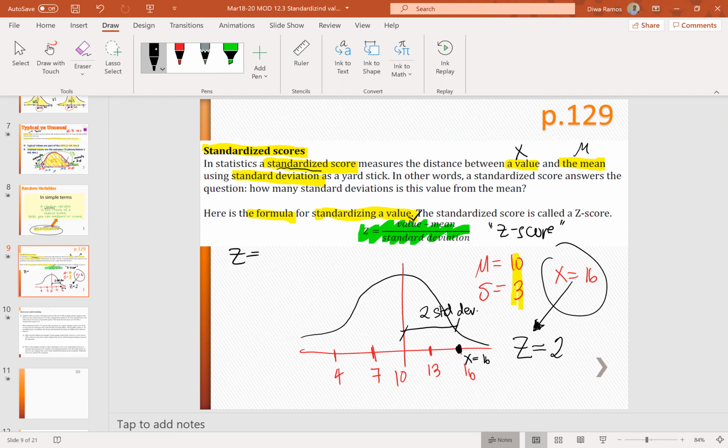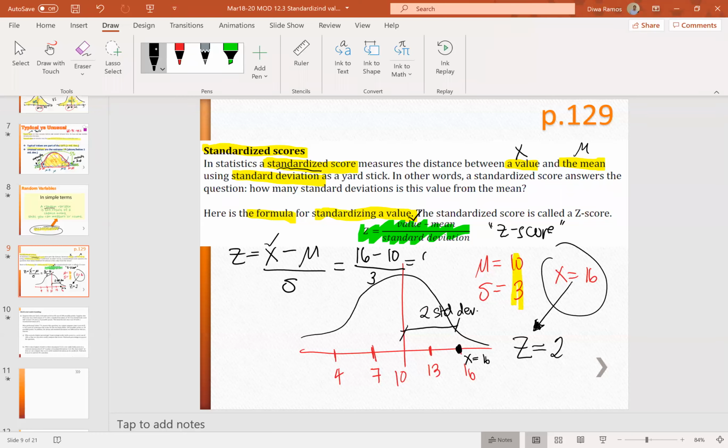So that's x minus the mean, which is mu, divided by the standard deviation sigma. For our example, the mean is 10, the value x is 16. Take away the mean, which is 10, and the sigma is 3.